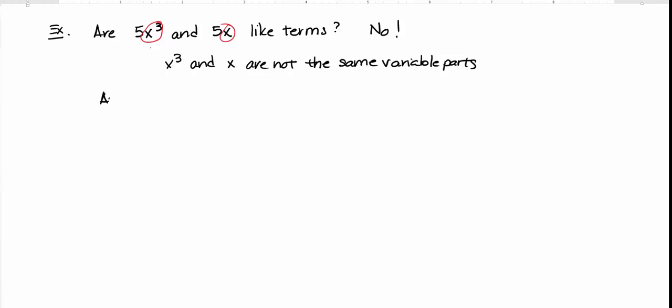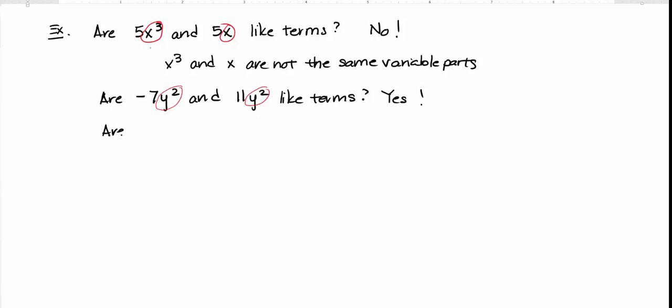Okay, how about negative 7y squared and 11y squared, are they like terms? Well, sure enough, if you look at my variable parts, I have a y squared here and a y squared there. So the answer is yes. Are 2m squared n to the 5th and 3m to the 5th n squared like terms?